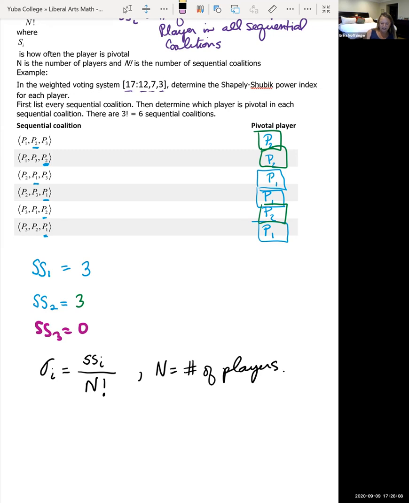So in our case, 3 factorial. I'm sorry, there's not 6 players. This is equal to taking the number we're starting with, which is 3, multiplying it by 1 less than that, which is 2, and by 1 less than that, which is 1, until you get to 1 and stop. So 3 times 2 is 6, times 1 is 6.